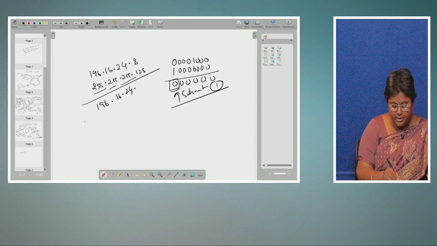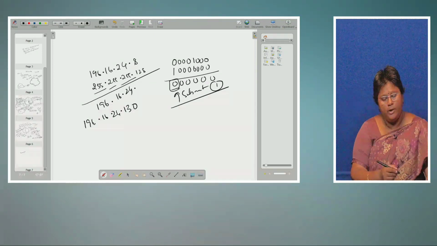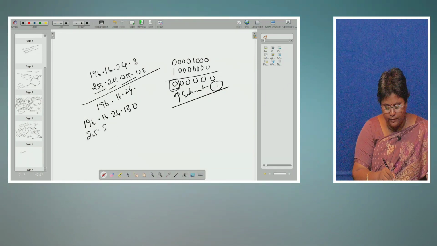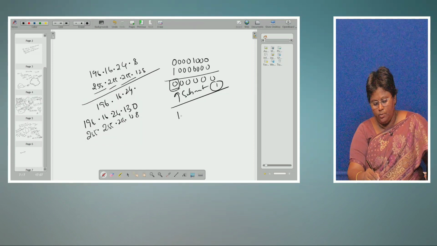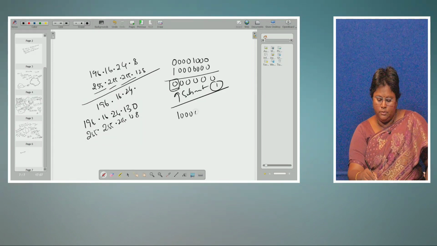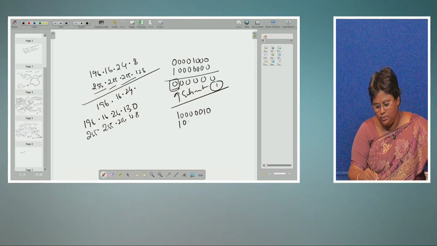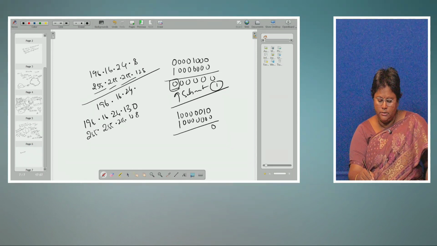Now let us take another IP address for subnet 2, 196.16.24.130, and perform the AND operation using the subnet mask 255.255.255.128. Now what is 130? 128 is 1000 0000, and 130 is 1000 0010. Performing the AND operation, you'll have zeros everywhere except a 1 in the first bit.